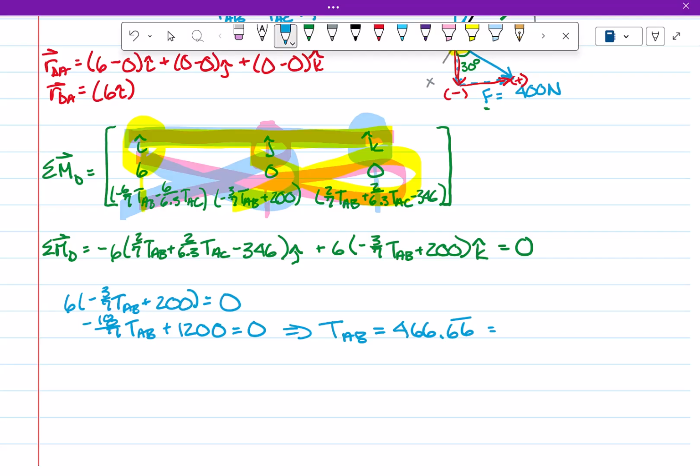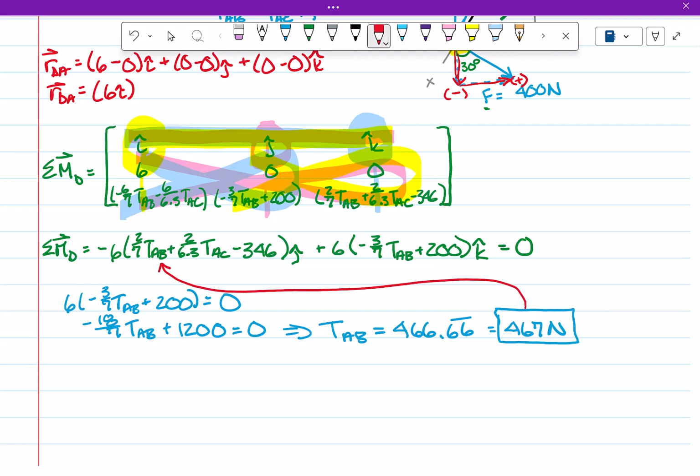Now, since I have the TAB, I'm going to take that into my next section in the j direction. Then I'll only have TAC left. So we're going to go ahead and substitute 467 into this component. So we have negative 6 times 2/7 TAB plus 2/6.3 TAC minus 346.4 and so forth, equals 0.